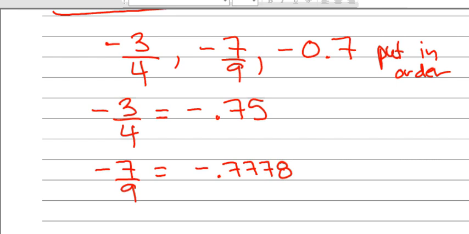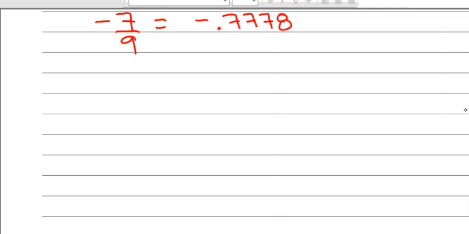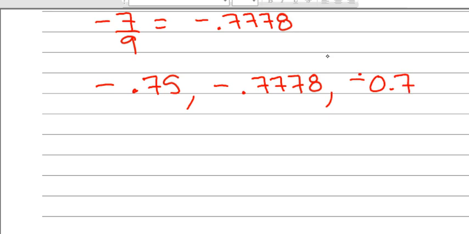And negative 0.7 just stays the same. So I'm glad we did this one on the calculator. So let's line these up. I've got negative 0.75, negative 0.778, and negative 0.7.